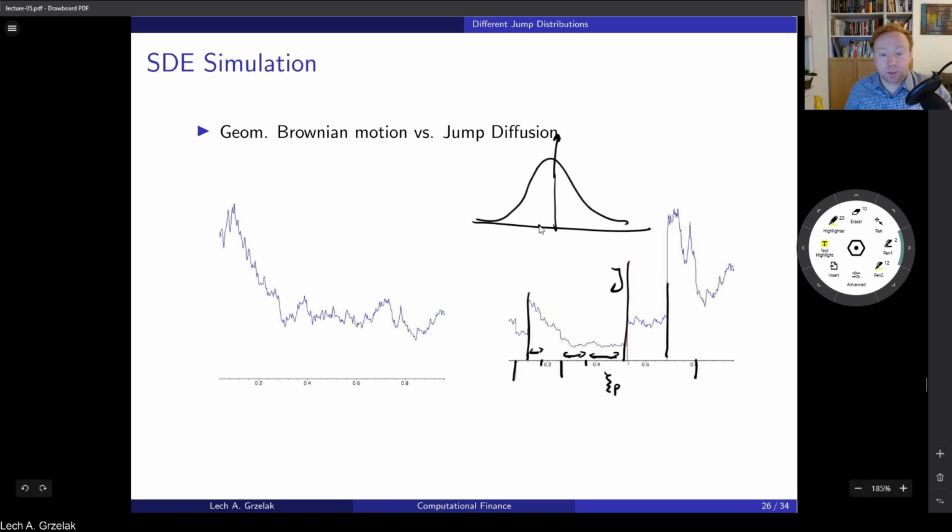This distance was here, this one was, for example, here, then we had a small one here. And if you plot a histogram, very likely you will get this kind of shape. And intensity tells you about spacing, how often.